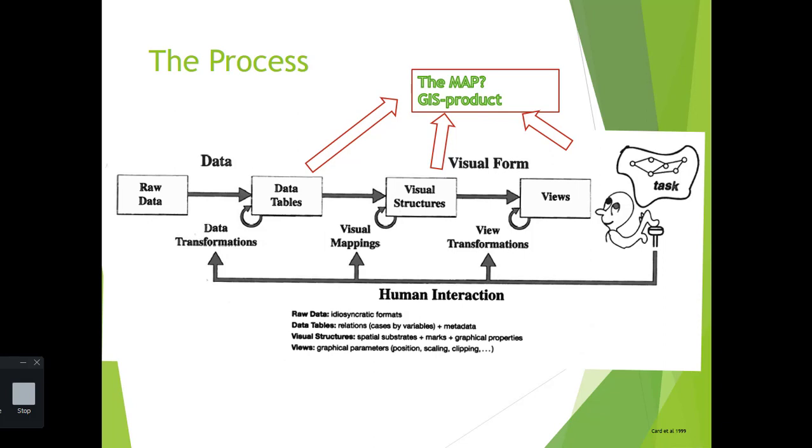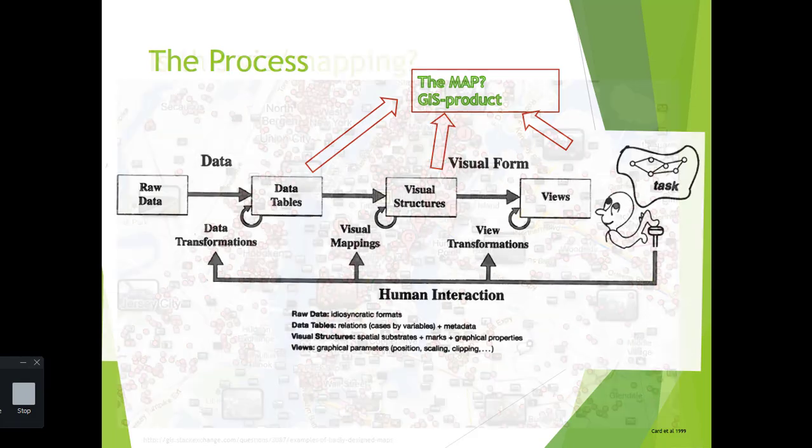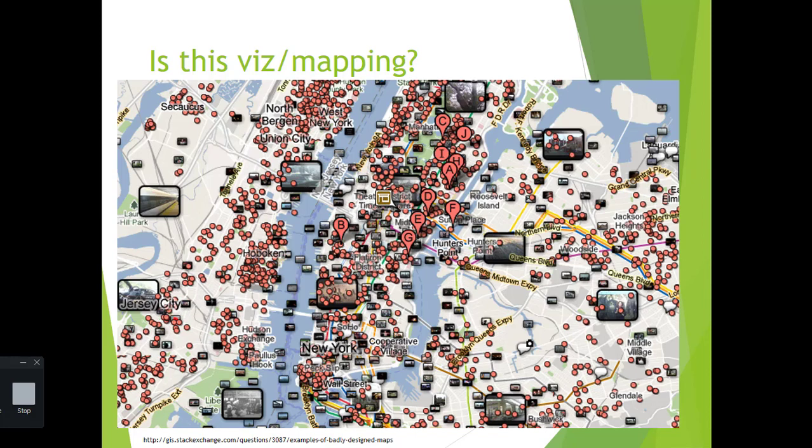I can lie with maps. There are really cool books written about how to lie with maps, but also with statistics. Just because I put it in a different color setup, I can lie about a map. I actually have a slide on this one. Would you consider this visualization or mapping?